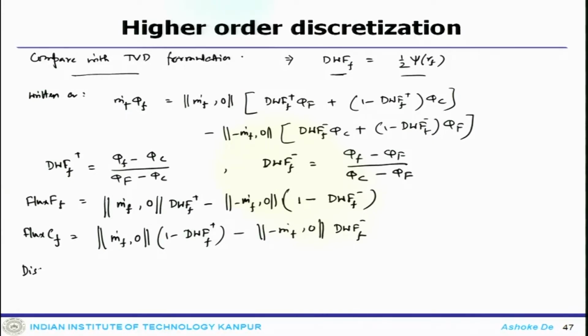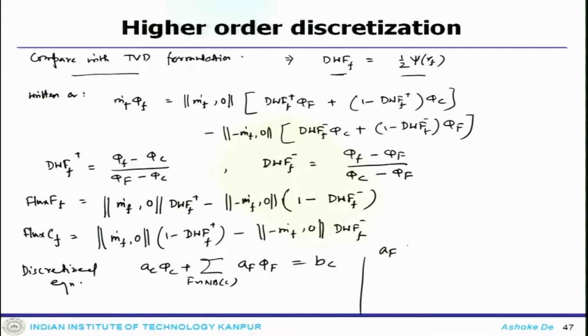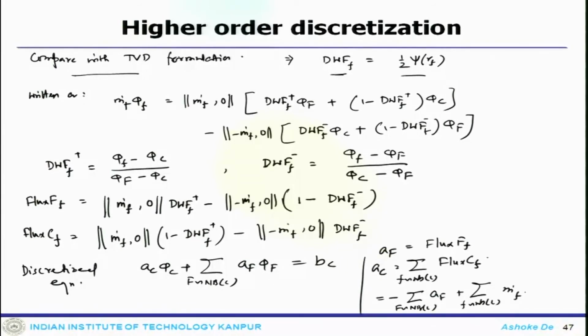The discretized equation would be AC phi c plus sum over NB of AF phi f equals BC, where your AF is flux Ff, AC is the summation over faces of flux Cf, which is minus capital F with A, plus the summation of small f with m dot f, and your BC is QC times the cell volume.